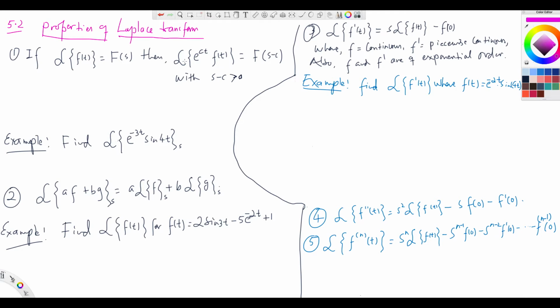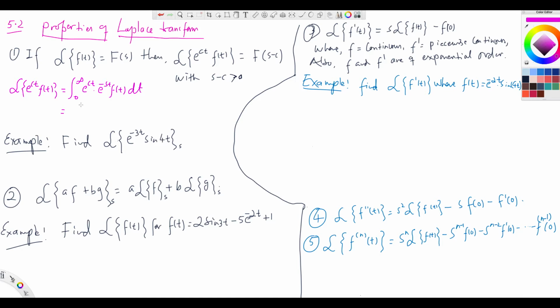You see that? So how do I show that? Basically the Laplace transform of e to the ct times f(t) becomes the integral from 0 to infinity of e to the ct times e to the negative st times f(t) dt.